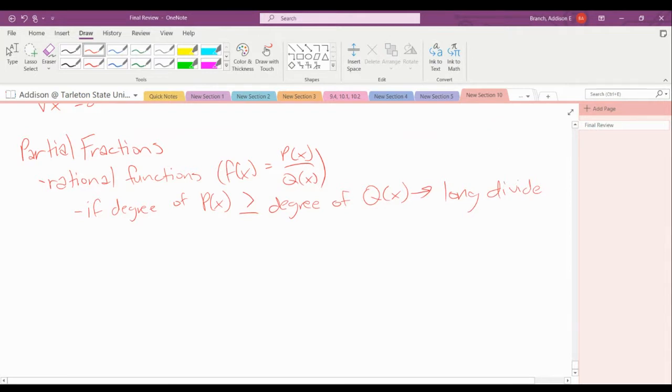And just to remember the basic rules for that one: usually you have a format associated with what your factors look like in your denominator.